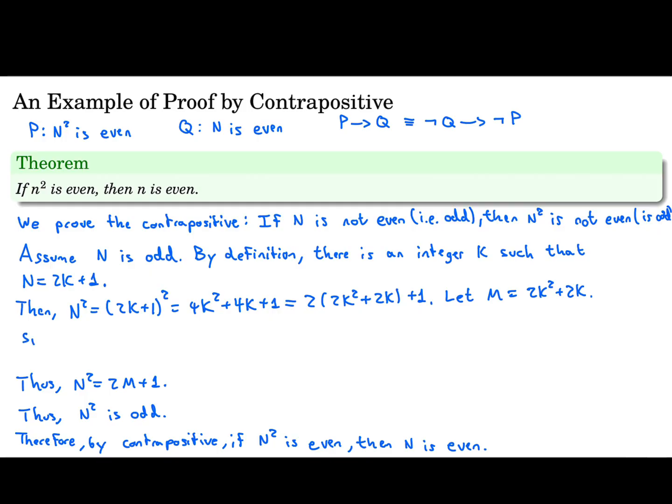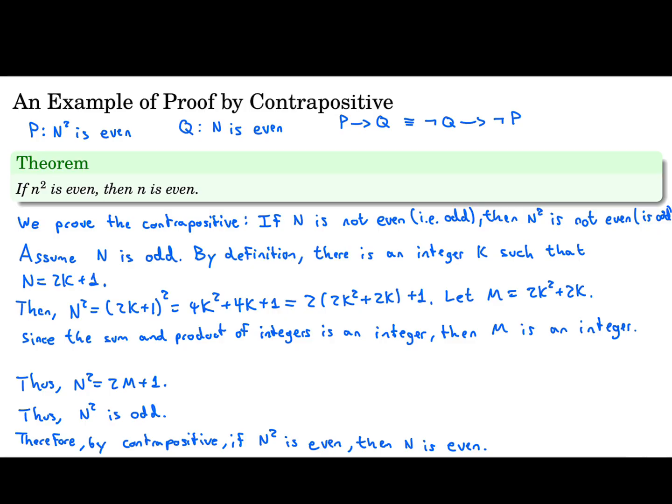So since the sum and product of integers is an integer, then m is an integer. And then, since n squared is equal to 2m plus 1, where m is an integer, n squared is odd by definition, and therefore we have what we wanted to show.